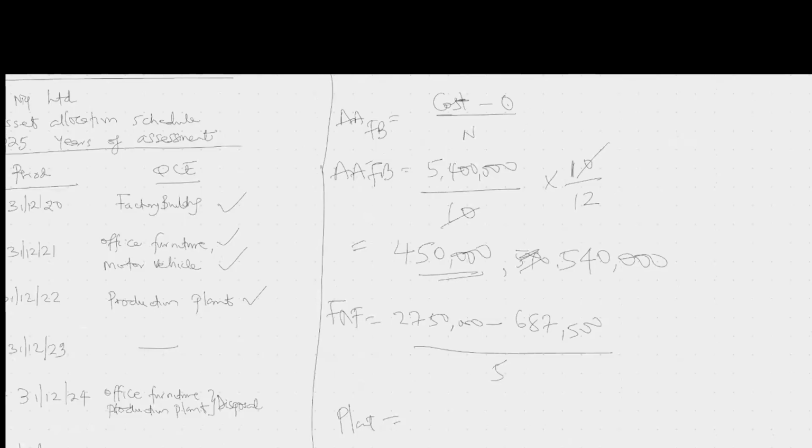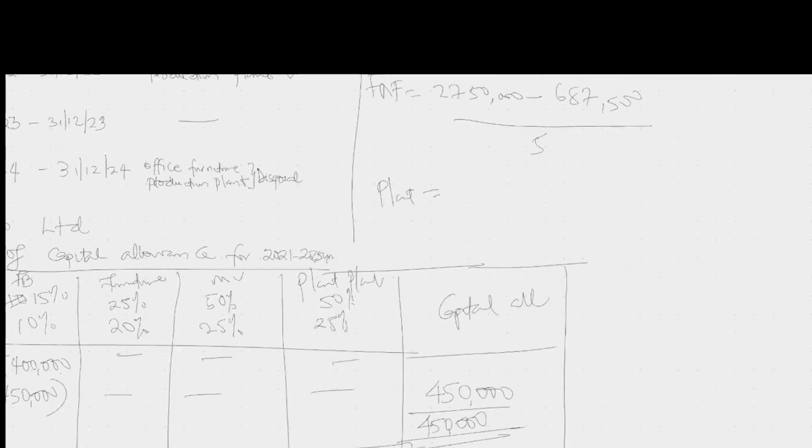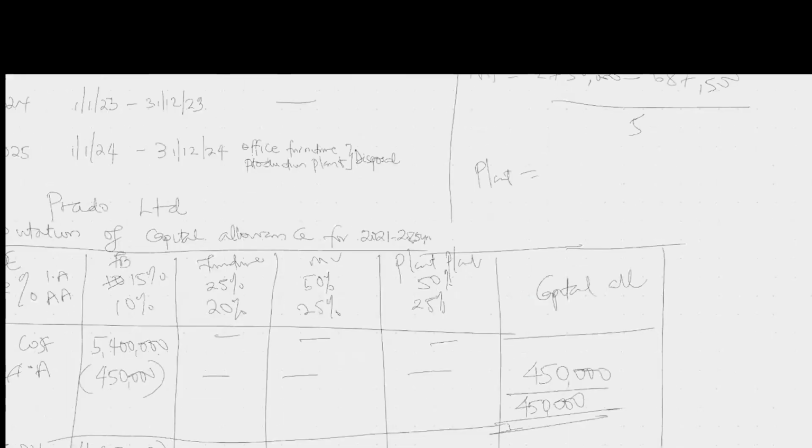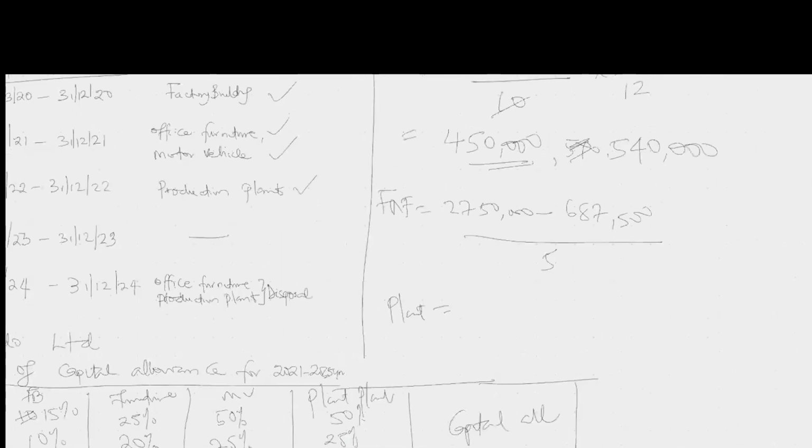The next one will be, what is your cost? 4.5 less 2.25 million, divided by 4 years.